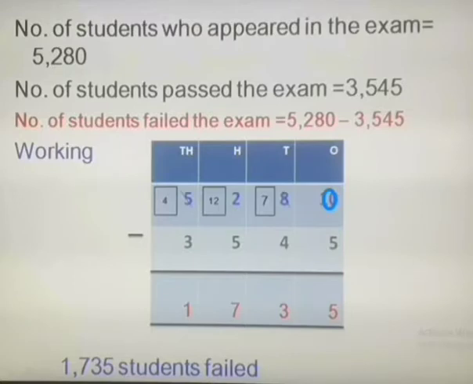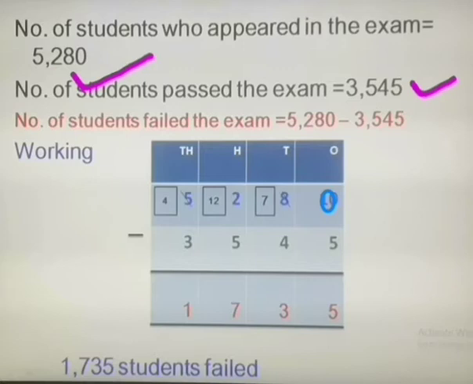Children, first we will write the information which were given in the question. So how many number of students appeared in the exam? Yes, 5,280 students appeared in the exam. And how many students passed the exam? 3,545.